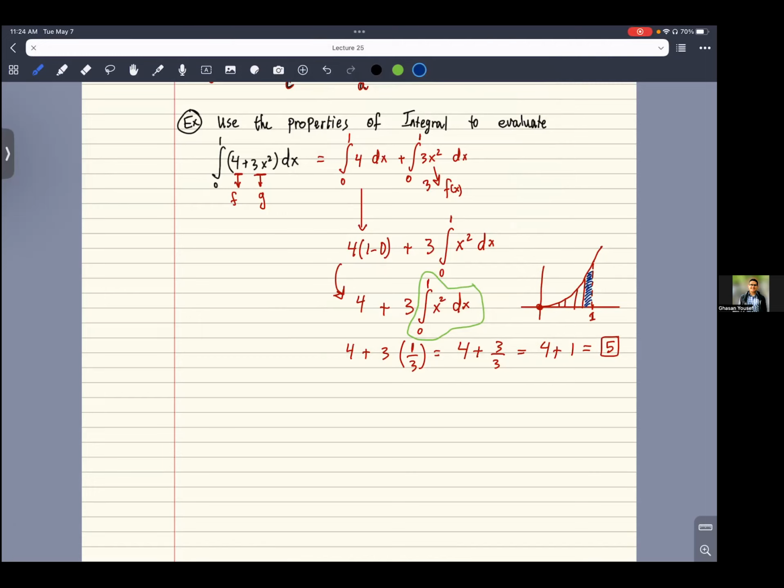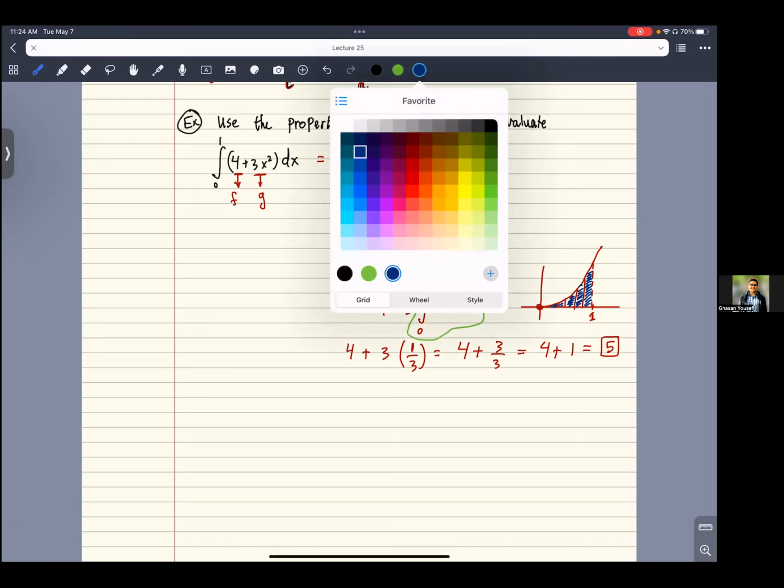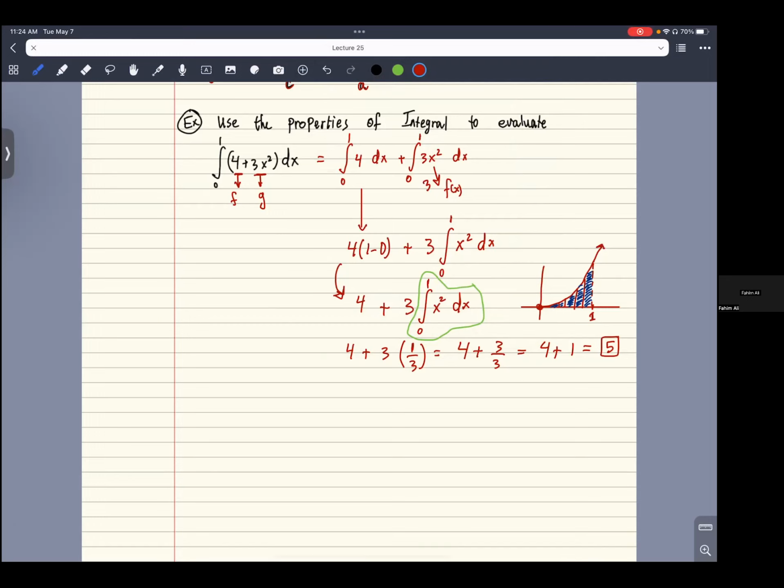The total area of these rectangles is 1 over 3. So we could just find the antiderivative of this, plug in the numbers and subtract a from b. Yes.